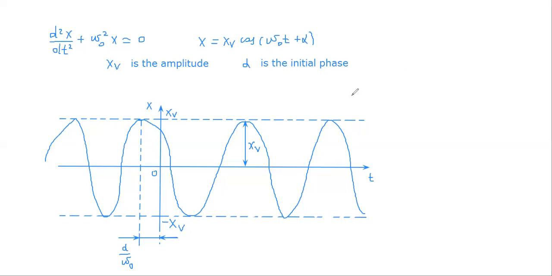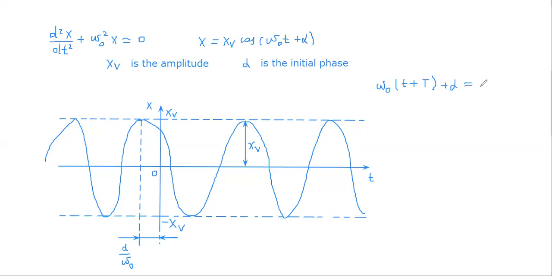It means that we can find the period of oscillations from here: omega 0 t plus the period of oscillations plus alpha.